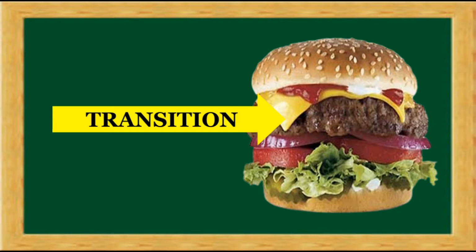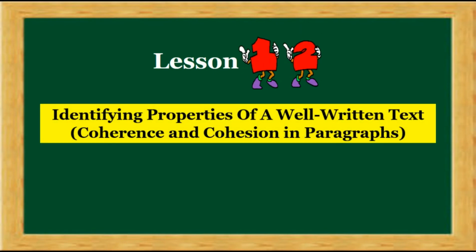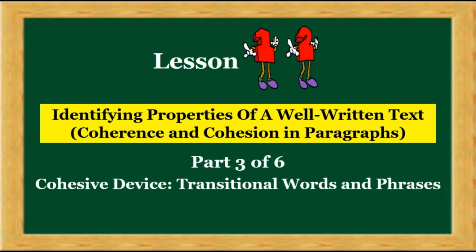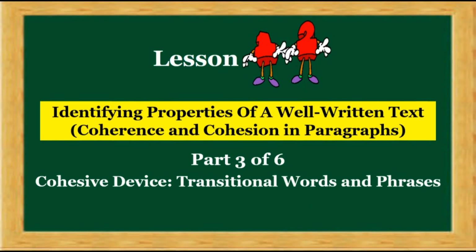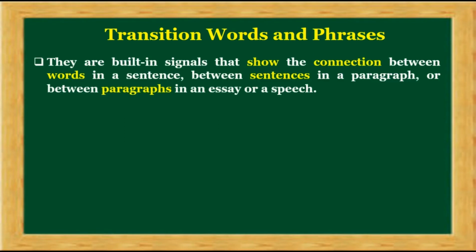Let's discuss transition words and phrases further. Transition words and phrases are built-in signals that show the connection between words in a sentence, between sentences in a paragraph, or between paragraphs in an essay or a speech.